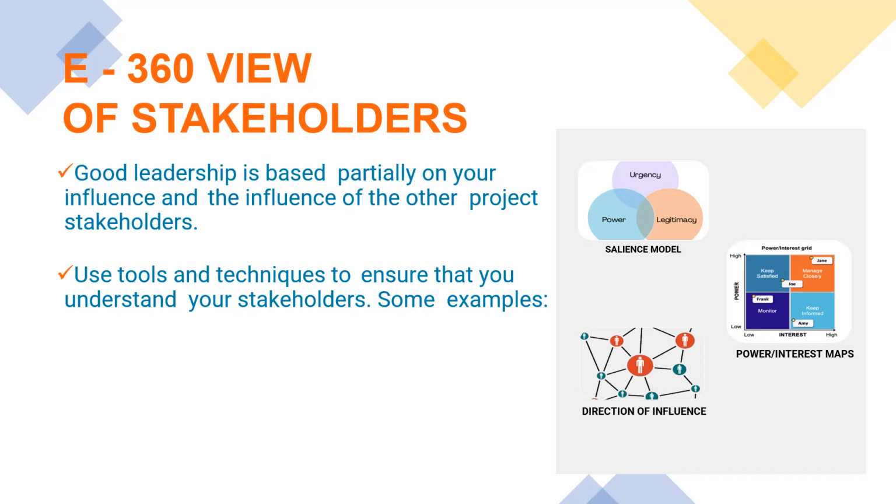There are different tools that help you to understand your stakeholders. One of them is called the salience model. Salience. It's like the set theory in maths. One of the sides of the set is called urgency. The other one is called power. And the third one is called legitimacy. Urgency, power, and legitimacy. So you put all your stakeholders in those boxes.